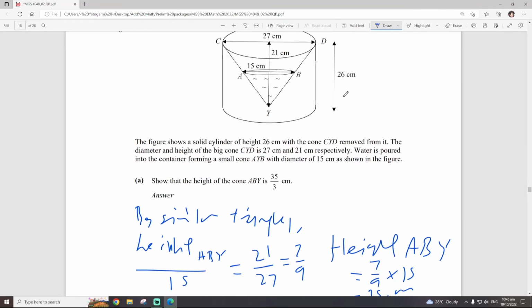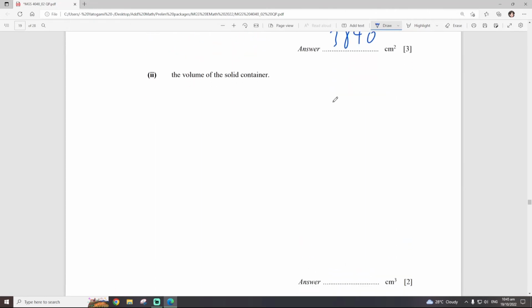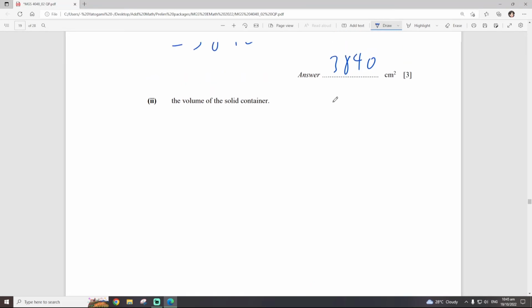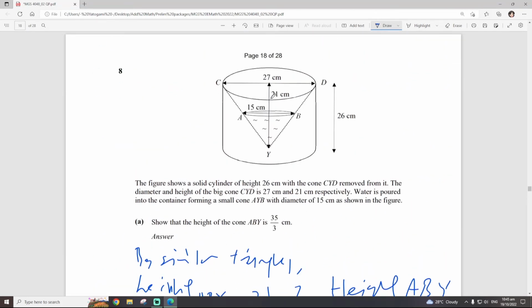Okay. The volume of the solid container will be the cylinder minus the cone.